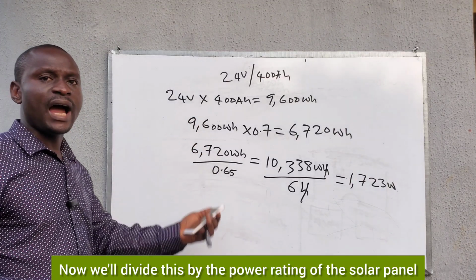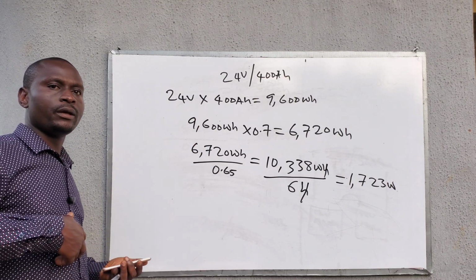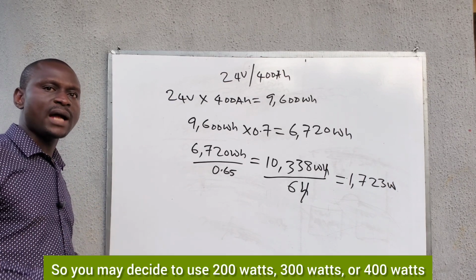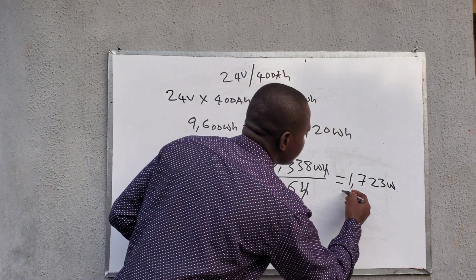Now we'll divide this by the power rating of the solar panel we want to use. You may decide to use 200 watts, 300 watts, or 400 watts. Let's use a 320 watt solar panel.